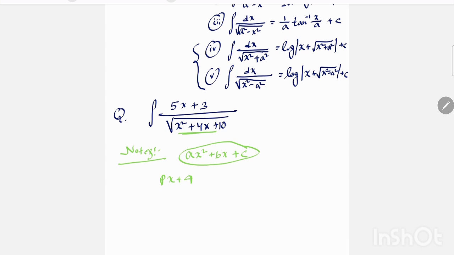Here p is 5, q is 3, and in the denominator it is ax square plus bx plus c.